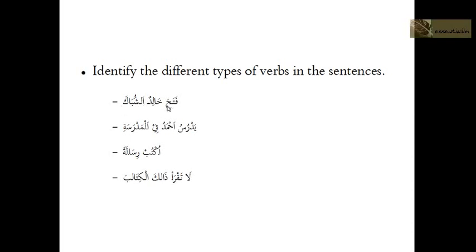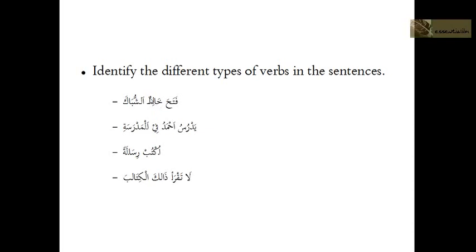Okay, now which one is a verb? Now we know fataha could be a verb. How do we know? Because it's missing al and it's missing tanween, and it means to open, so it's a whole meaning by itself. It doesn't have to be connected to another word like a harf. So this is a verb, obviously.